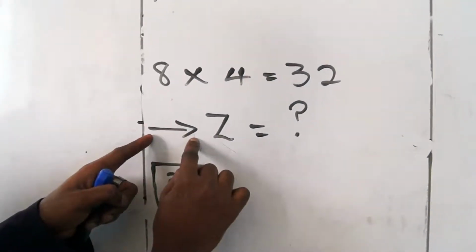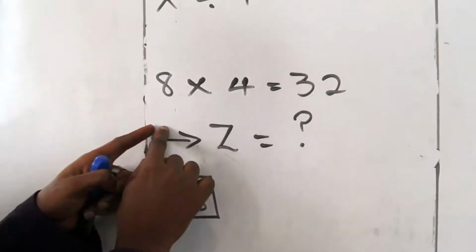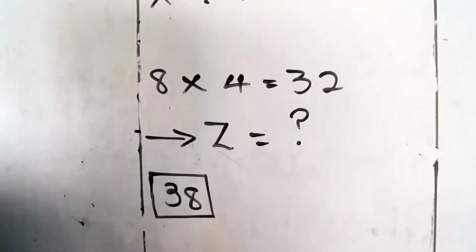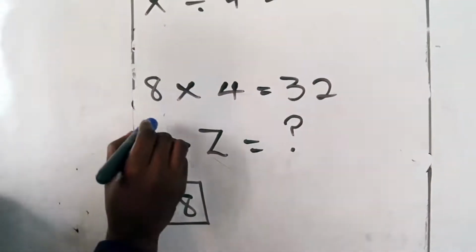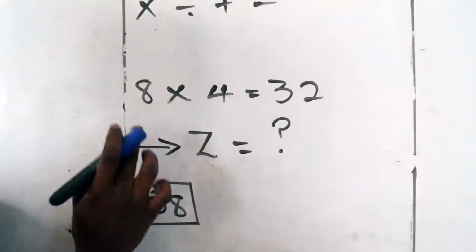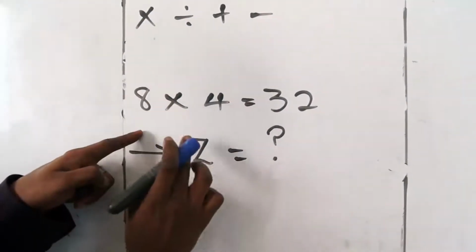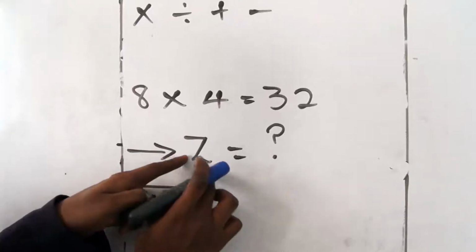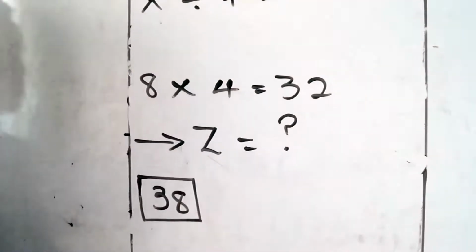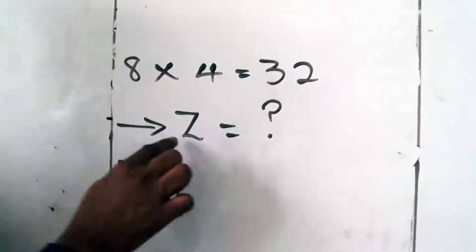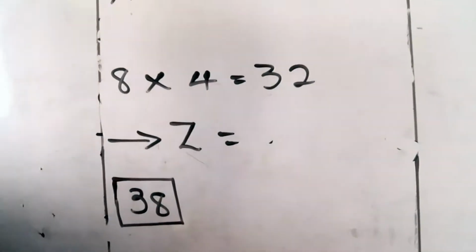And this sign represents a mathematical or a basic operation. So what basic operation do you think they are using here? Once you know it, then what number is this? How do you get the number here? For you to be able to get this Z, it's going to be what?